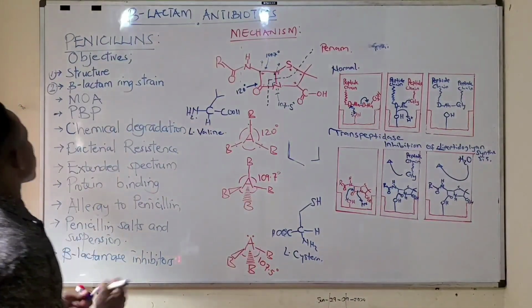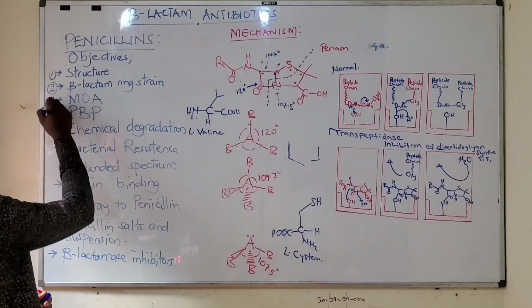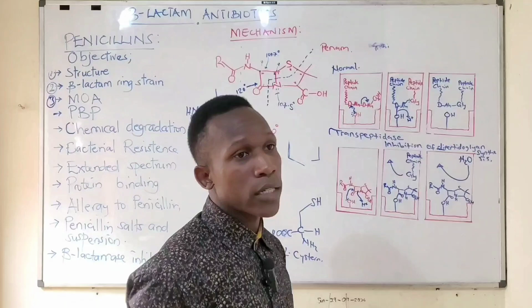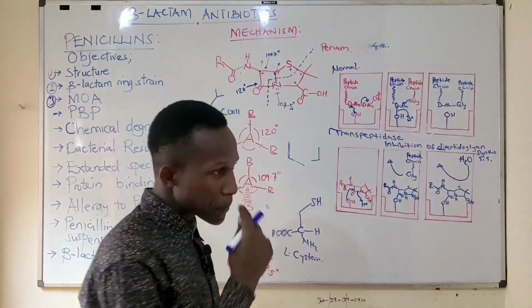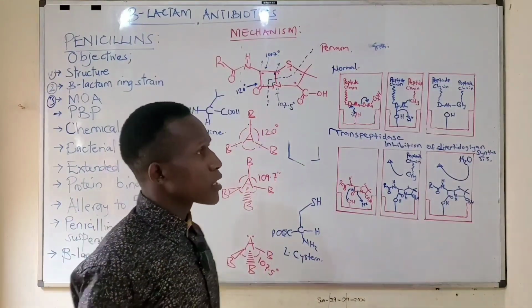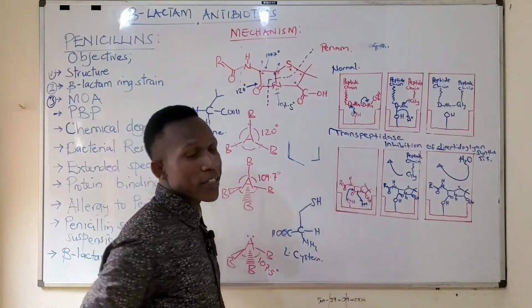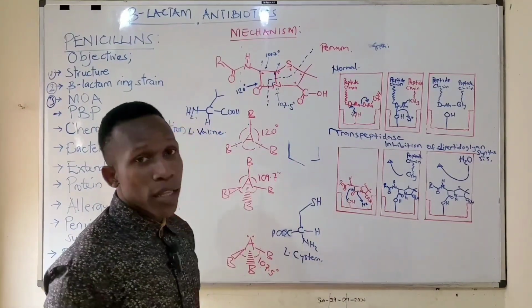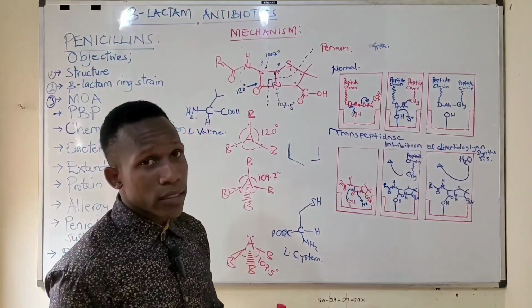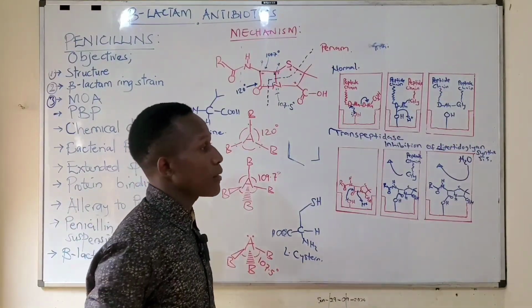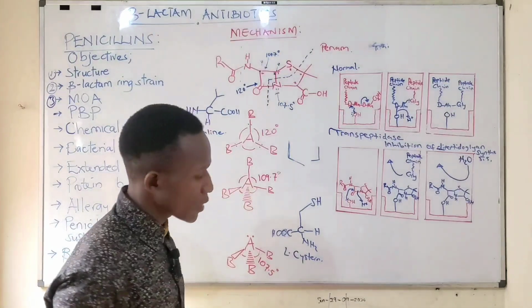Now, the mechanism of action is done. Let's talk about the penicillin binding proteins. Penicillin binding proteins are the same as the transpeptidase enzymes. That's where the penicillins bind. So transpeptidases are the penicillin binding proteins.